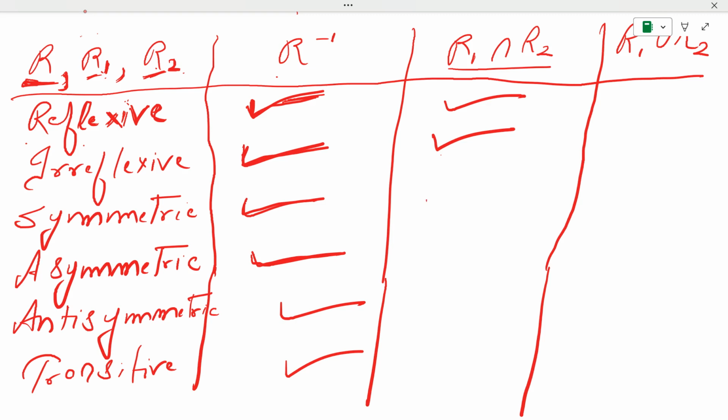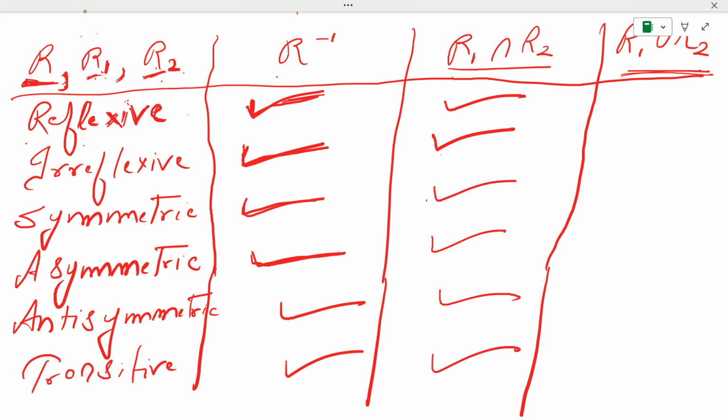If R1 and R2 are symmetric, then definitely the intersection will also be symmetric. And similarly for asymmetric, antisymmetric, and transitive.